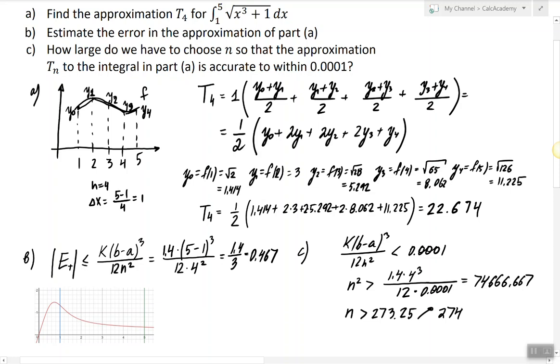So in order to achieve accuracy within 0.0001, we have to choose n to be 274.